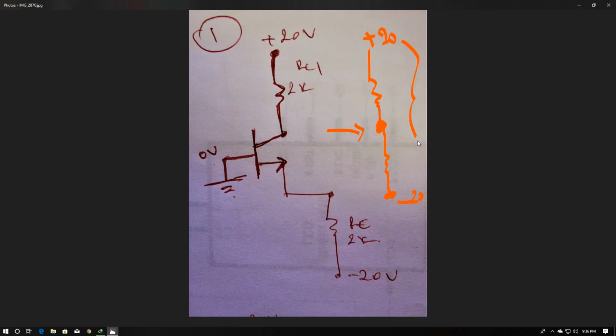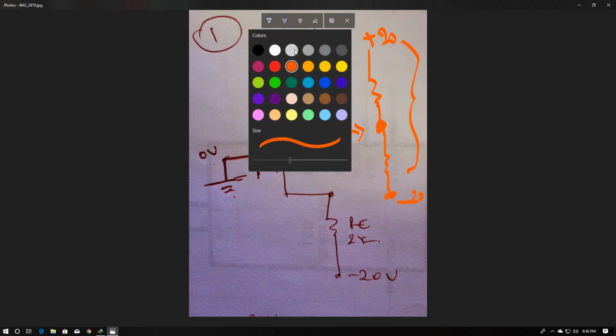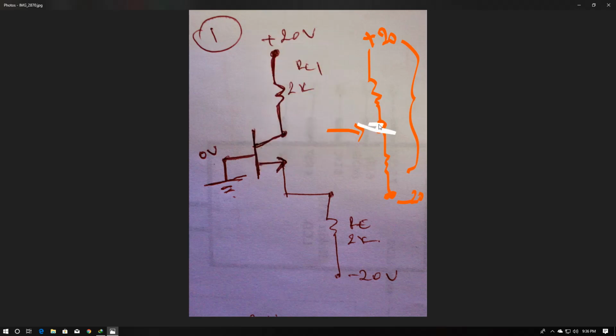Now there's going to be a voltage divider over there, you see. But if for some reason this spot here was open like this, when the transistor is not conducting, which means there's an open here, okay, here you're going to see plus 20 volt, here you're going to see minus 20 volt. Get that into your mind.